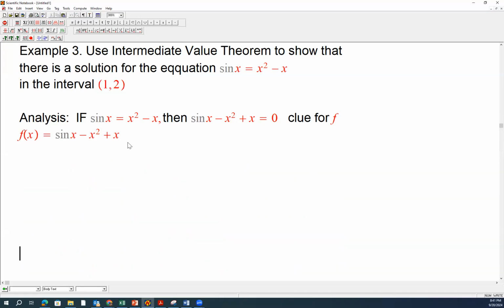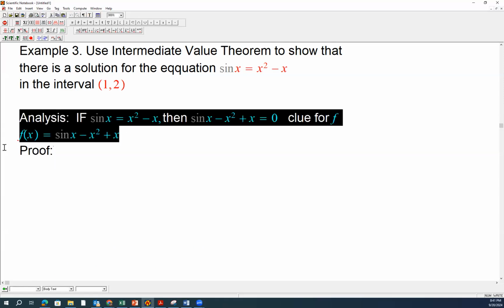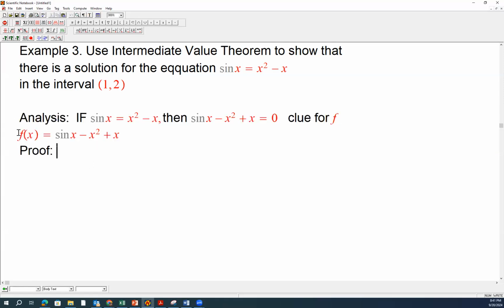Right? So in this case, we're going to start the work, proof. Remember, this is just scratch paper work. Don't need to show it. So in the proof, we say let the function be such. And then we're going to point out that f is continuous.